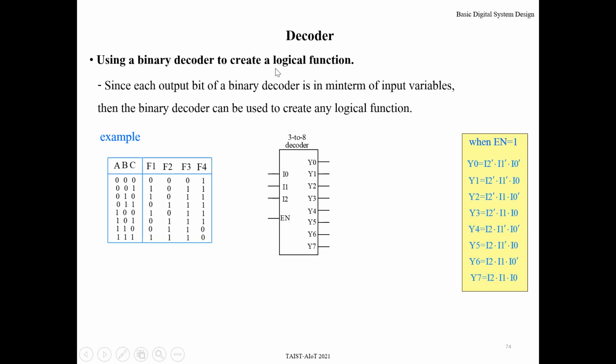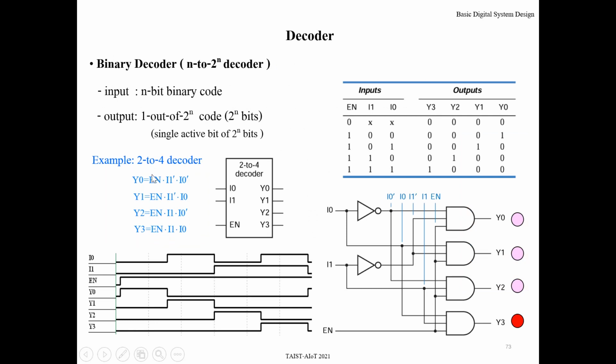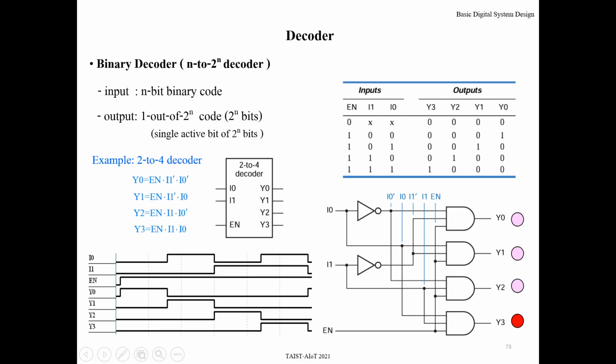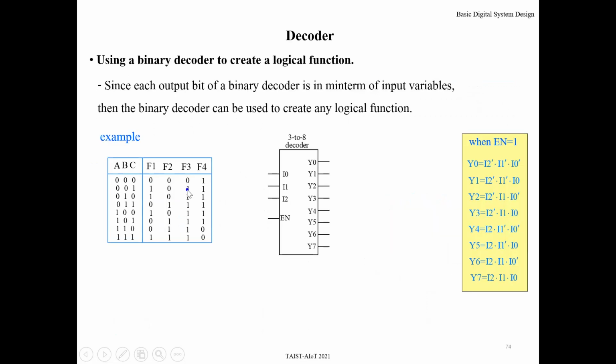For example, from this result, note this term with enable: it is every possible combination of input values, or minterm. So if you apply 1 here, the output of the function will be the minterm of this input.